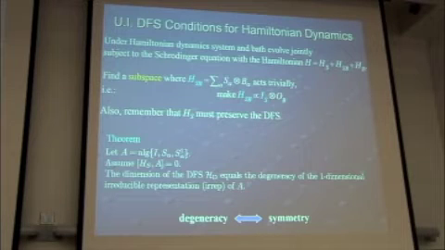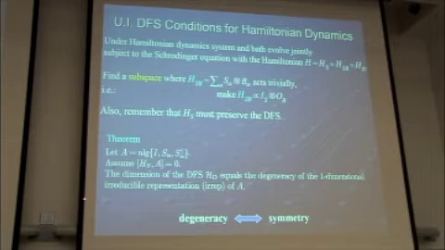That's the algebra. So consider this algebra, and let's assume that the system Hamiltonian is such that it commutes with this algebra. As long as we can engineer our system, we should be able to take a system Hamiltonian which satisfies this demand. And this demand, of course, has to do with H_S must preserve the DFS. All right, so now, the theorem says that there is going to be a DFS.